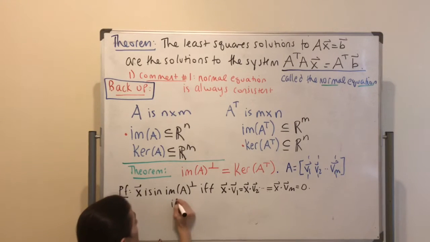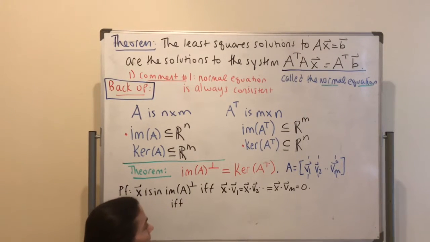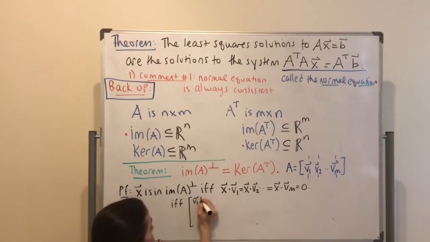Well, if and only if, now I'm just going to put these as rows. This is going to be v1 transpose, then I'm just going to go down to the mth, vm transpose. Then these are now rows.